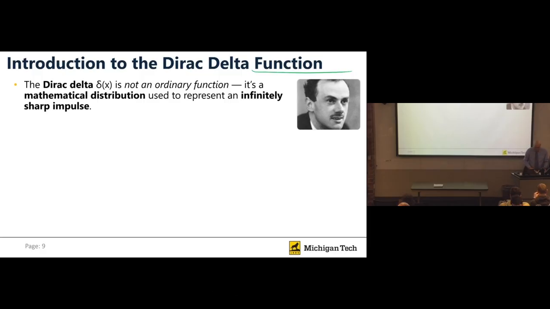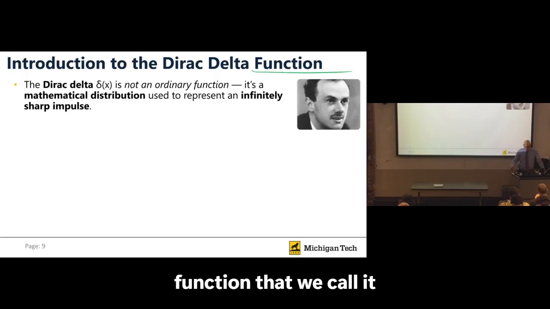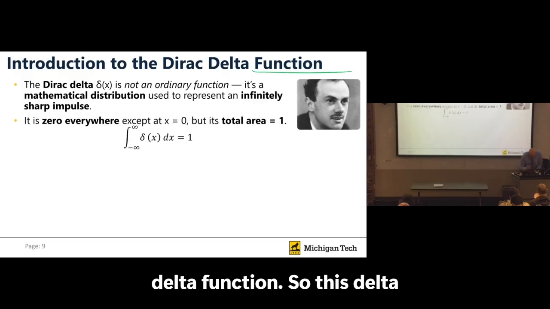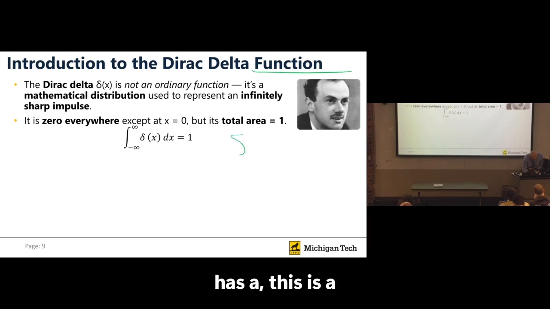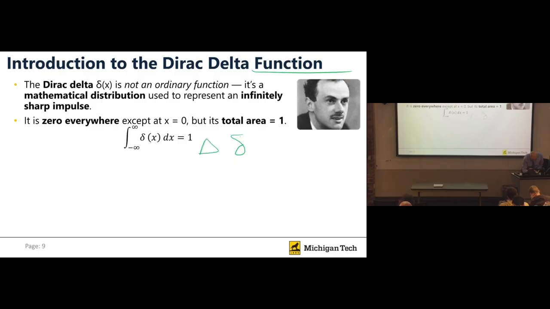And so he actually introduced this function that we call the delta function. So this delta, or the Dirac delta function, has this characteristic. Remember, this is delta, and this is sigma.